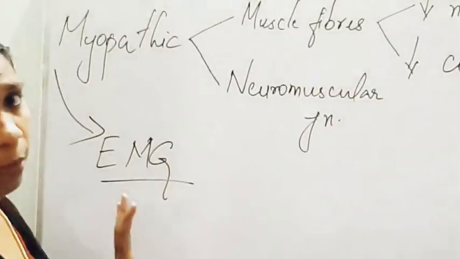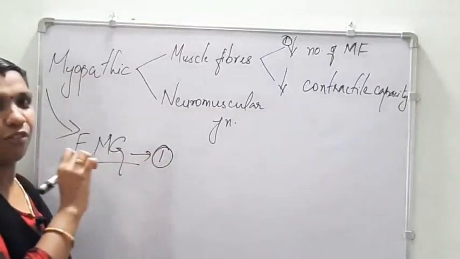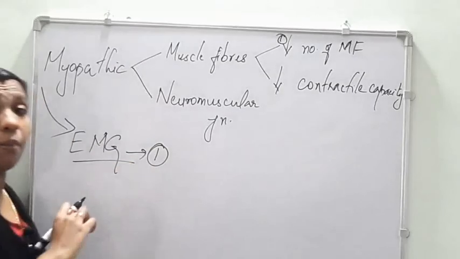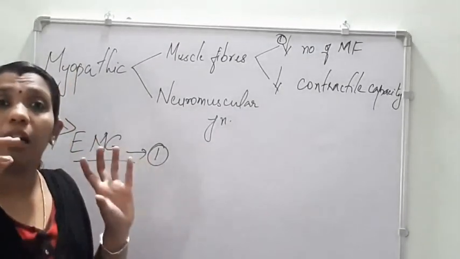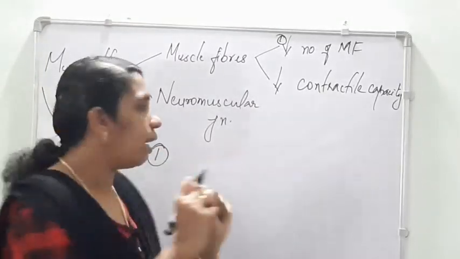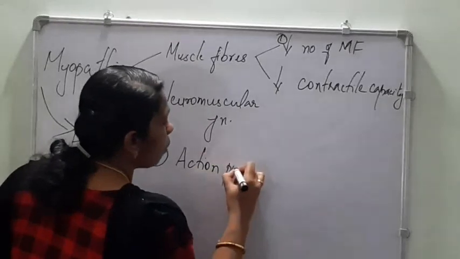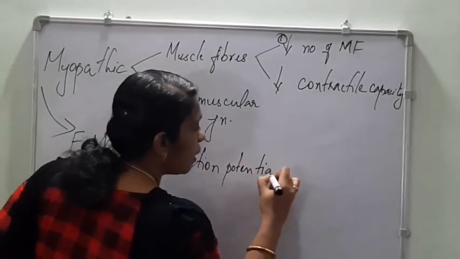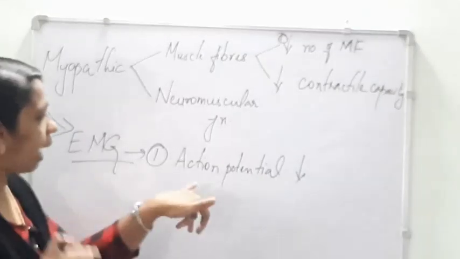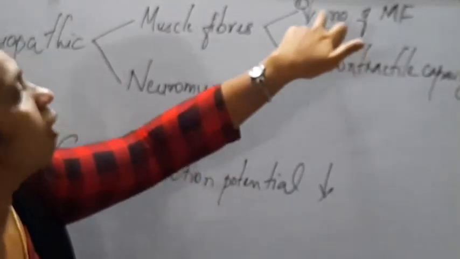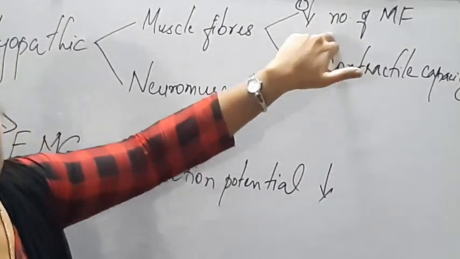In electromyography, in case of reduced number of muscle fibers, the action potential produced by the muscle fibers will be reduced, since there is a reduction in the number of muscle fibers.